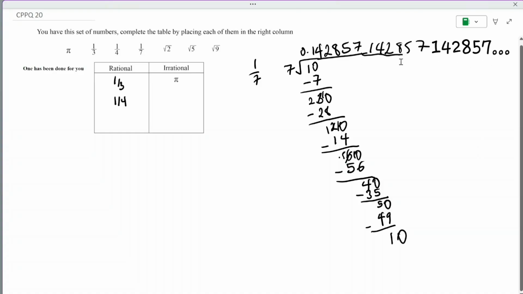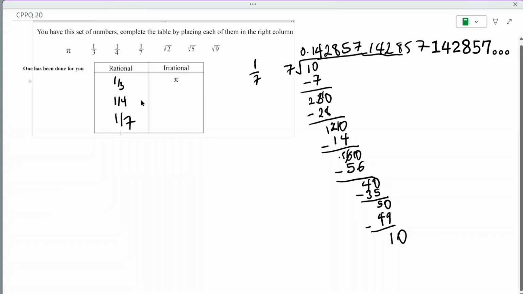It's going to be continuous. This is a non-terminating decimal. That is, it doesn't end, but it's repeating, or it is in a recurring pattern. Therefore, 1 over 7 is a rational number. So we have 1 over 7 as a rational number.